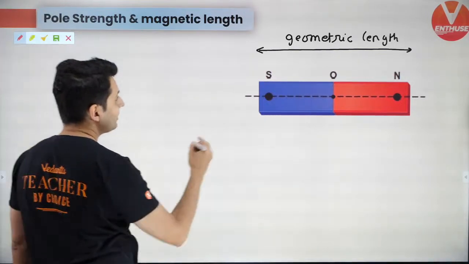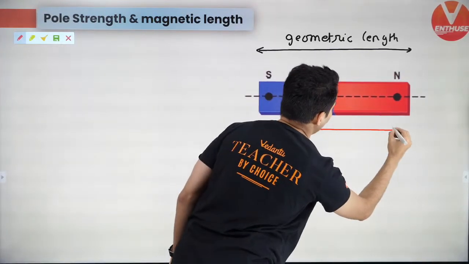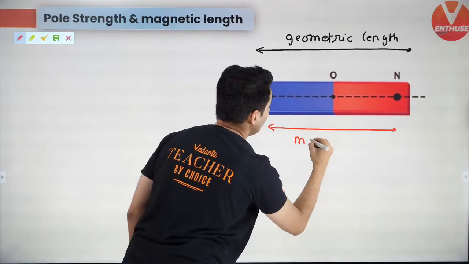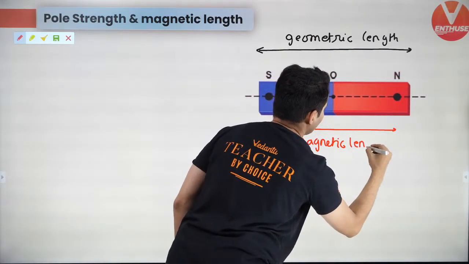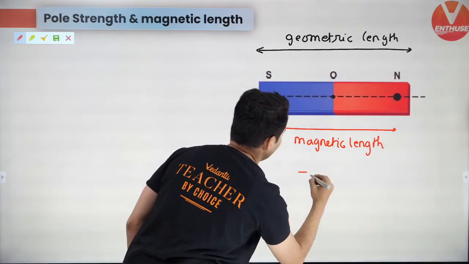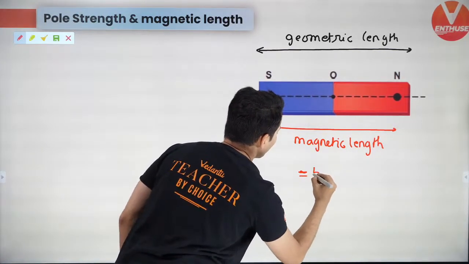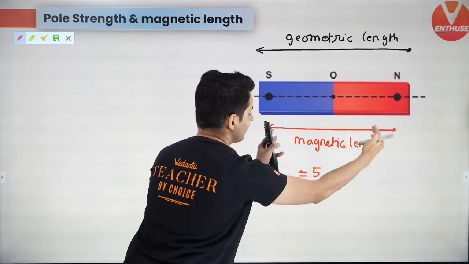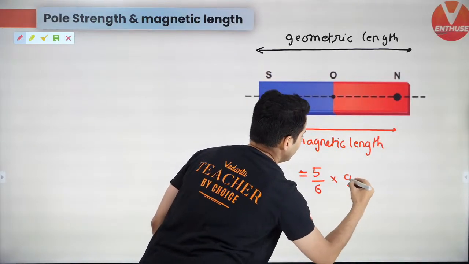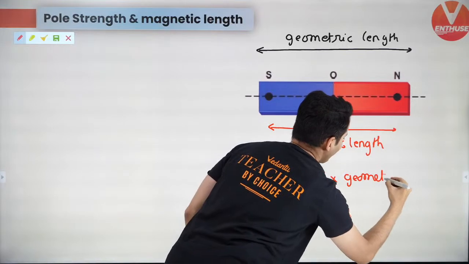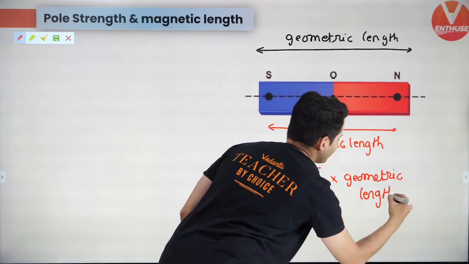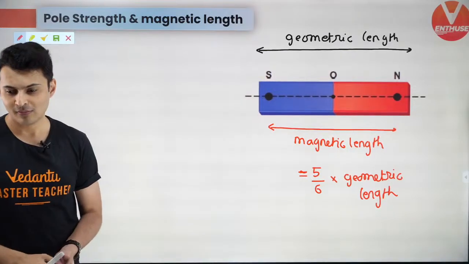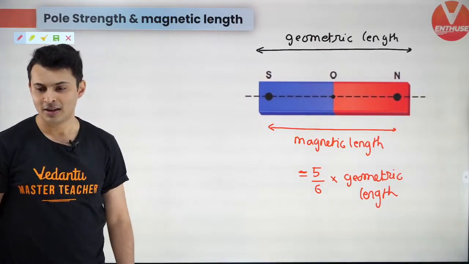It's found that the distance between the magnetic poles, which I now call the magnetic length, is approximately 5 by 6 times, it's slightly inside, times the geometric length. This is 5 by 6 times the geometric length. Very, very important. I hope this is clear.